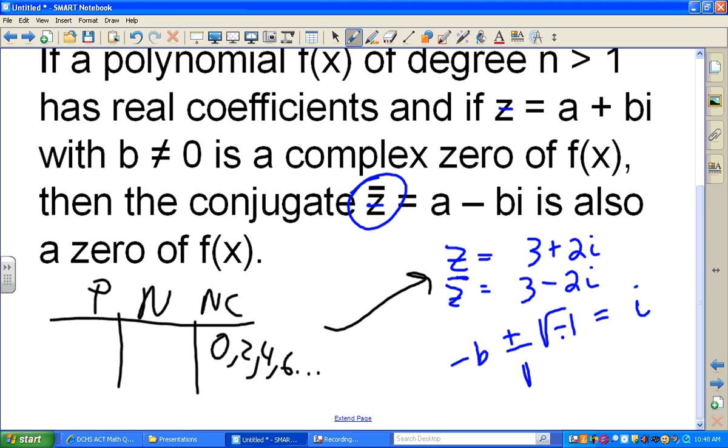Well, that's where the plus or minus part comes from. That's why you have to have 2 of them. Every quadratic has 2 solutions. If there's an imaginary, there's going to be a positive and a negative imaginary. That's why you write a complex number as a plus or minus bi. It comes from the quadratic equation. So they always come in pairs.